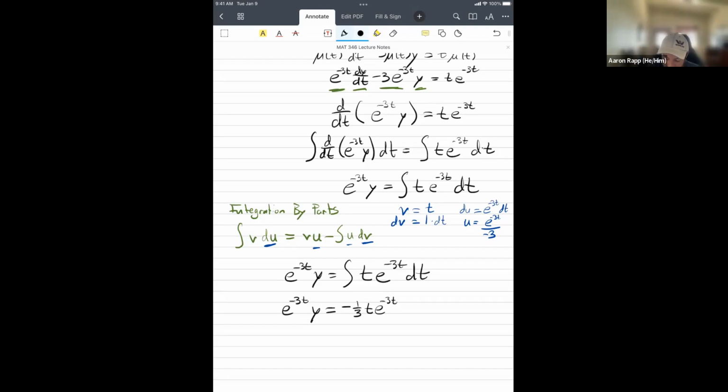So that's my v times my u, and I'm going to be subtracting the antiderivative of u dv. So -1/3 e to the -3t. Well, dv was just dt. Let's try to write it below. uv, u dv.